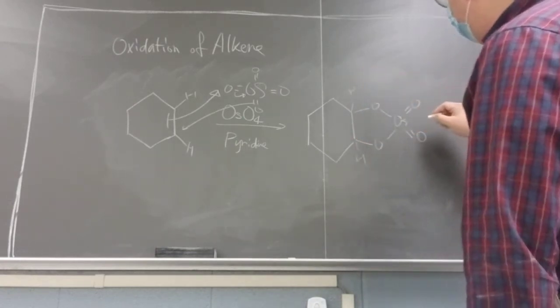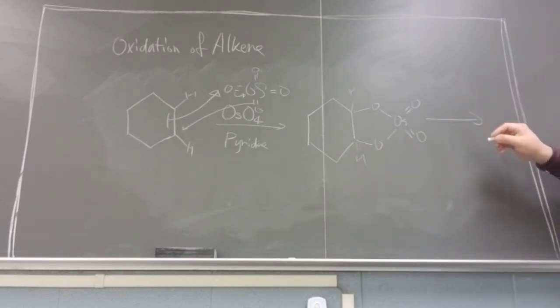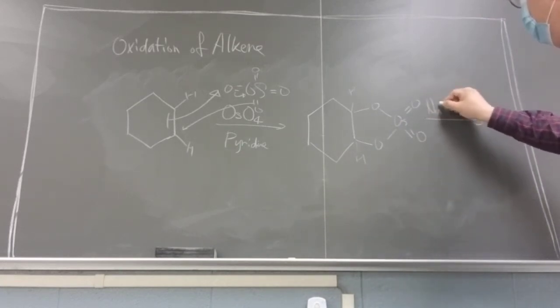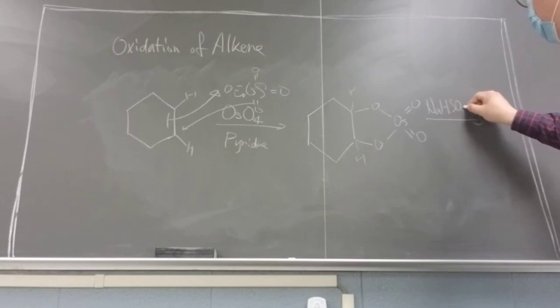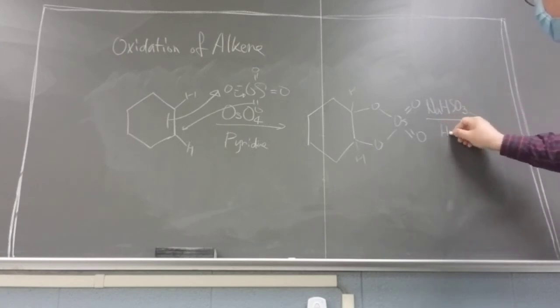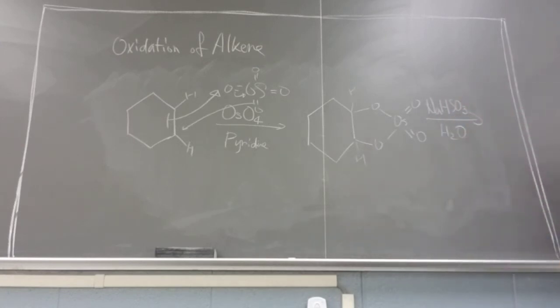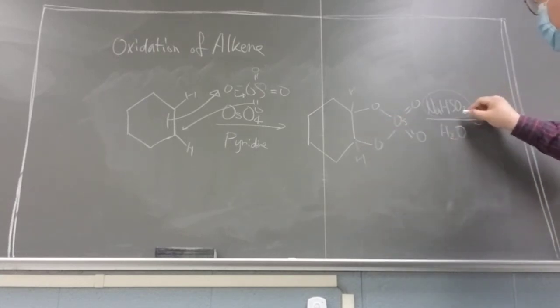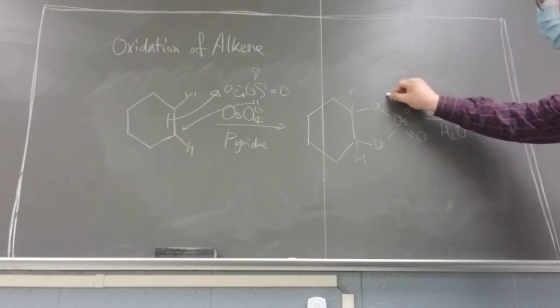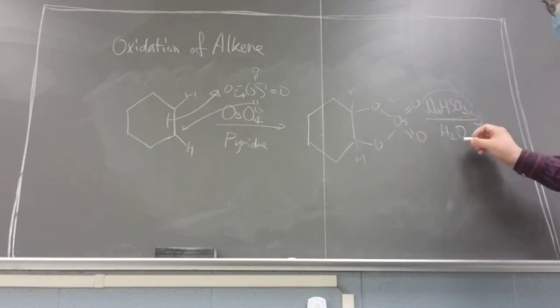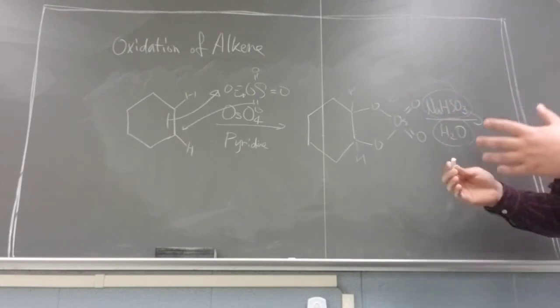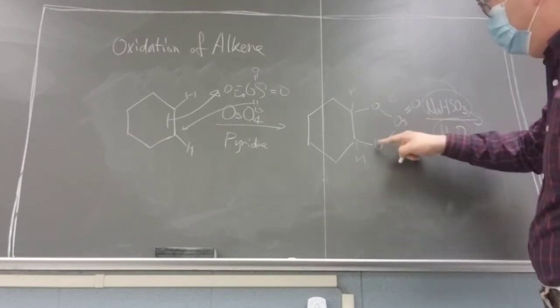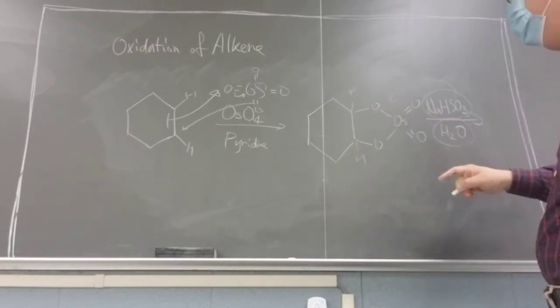Okay. And then what happens to here is you're gonna treat it with the sodium bisulfite, okay, with water. So at this point, the sodium bisulfite is actually going to detach this one, okay? And then the water comes in to make the hydroxy groups on those two sides here.